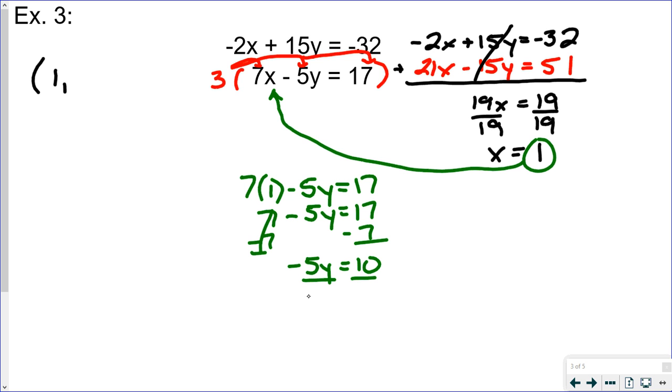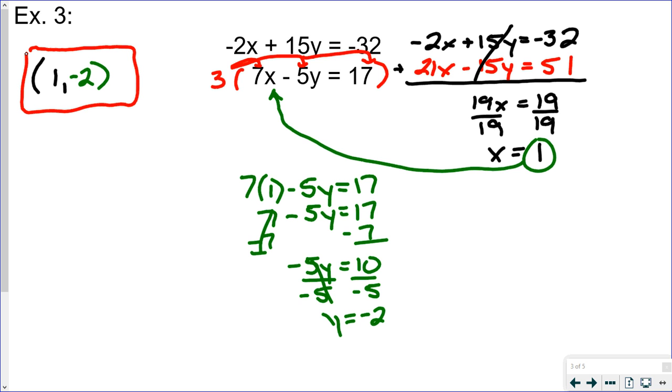Divide both sides by -5, and y equals -2. So there's the other half of my solution. And there is the solution to this system. And as always, you can plug this in and check it.